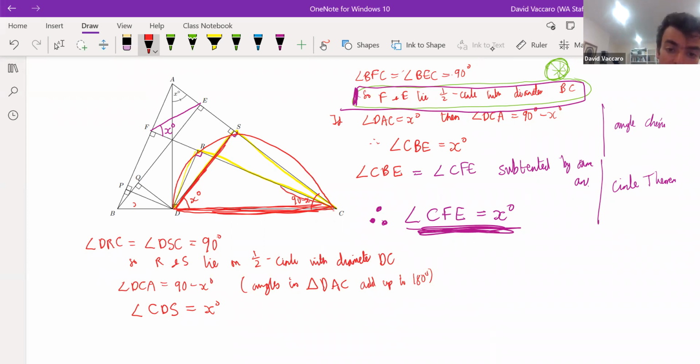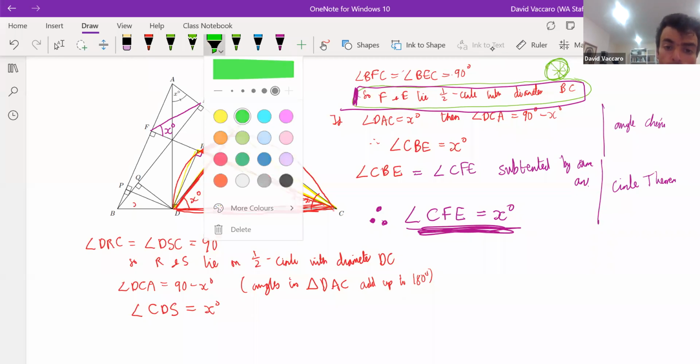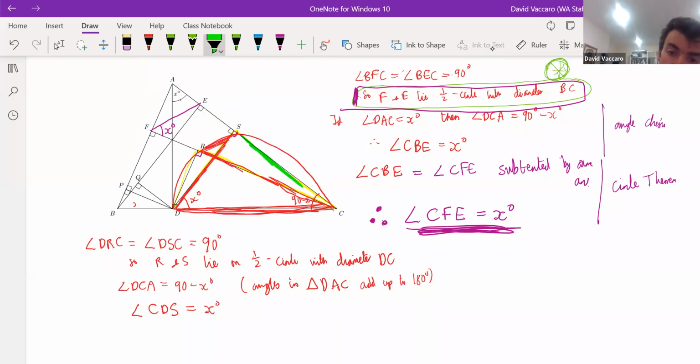CRS is this angle here. But why are they equal? Well, they are equal because they both lie on this chord SC. So CDS and CRS, that's just our classic year 10 circle theorem.